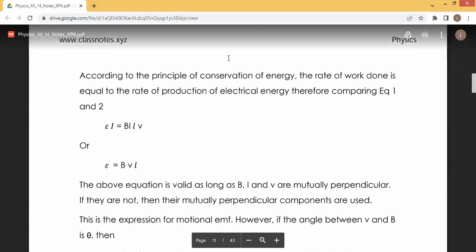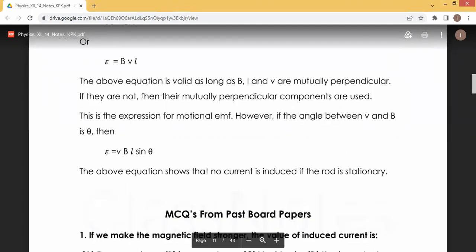I will just cancel out, so my induced EMF will be BVL. Okay, so this is the BVL.